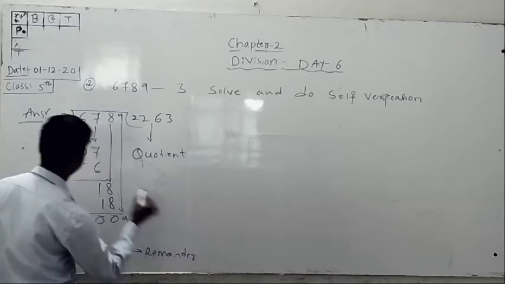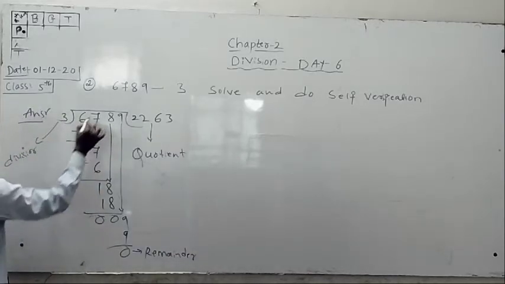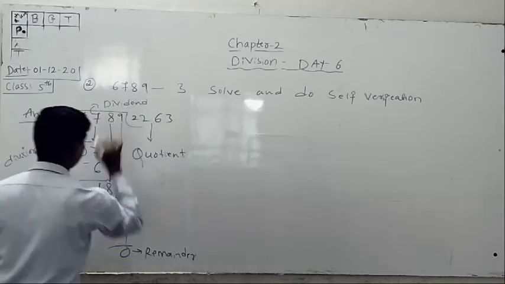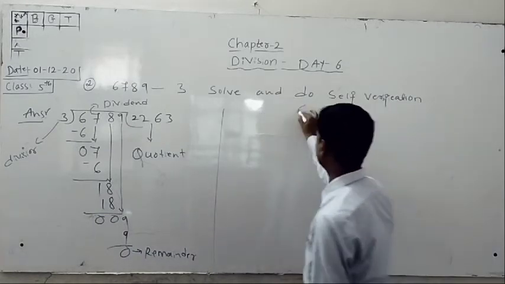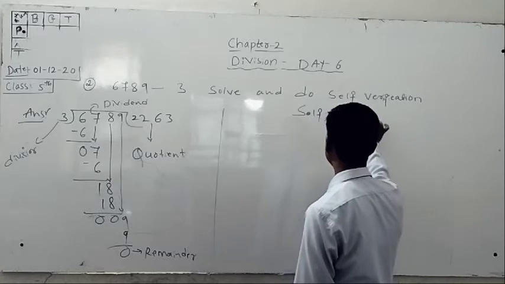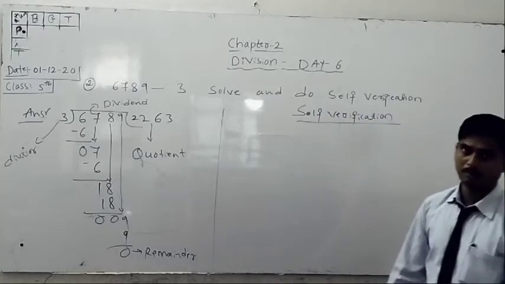Remainder, divisor, it is dividend. Yes or no? Then self verification formula. Self verification.